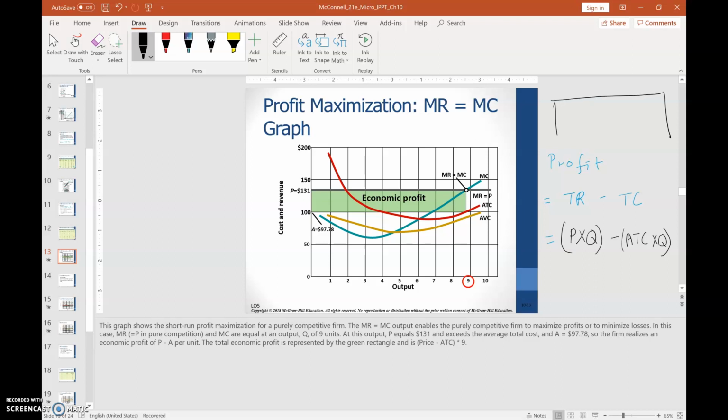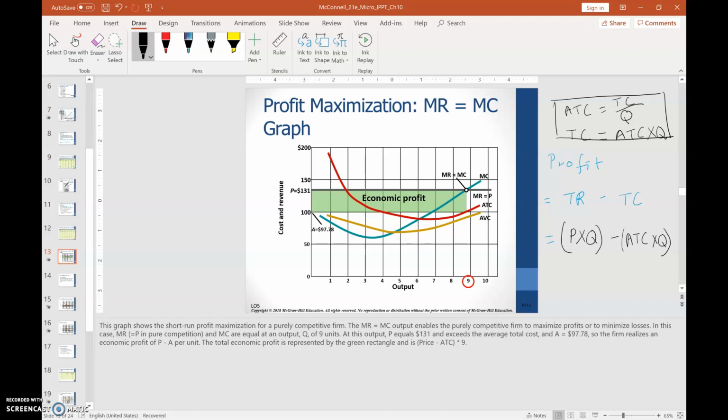Alright, from the last chapter, we can see the average total cost is equal to total cost over quantity. So if we cross multiply, we have total cost is equal to average total cost times quantity.